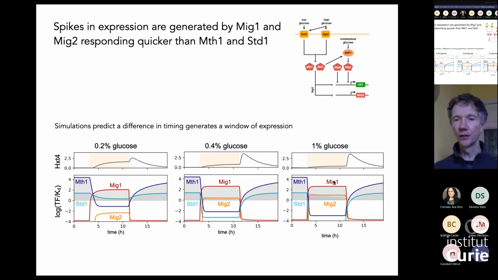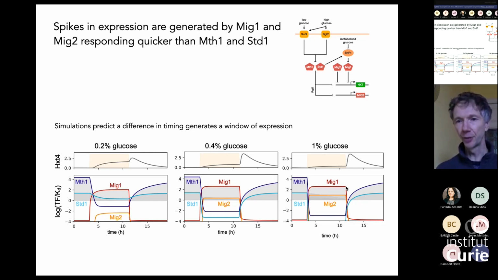The combination of MIG1 and MIG2 brings the level of transporter quite low. When we remove glucose, we get a very fast response from the MIGs, and there's been more degradation of MTH1, so it takes longer to resynthesize, and I get a much bigger spike. So it's really this difference in timing between how these pairs of transcription factors act that allows this spiking behavior.